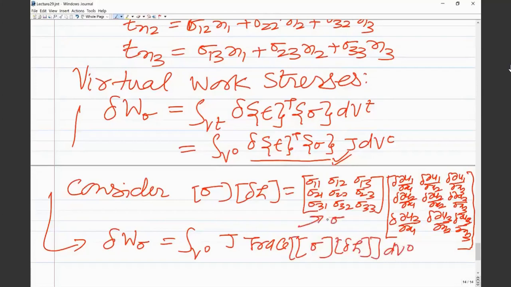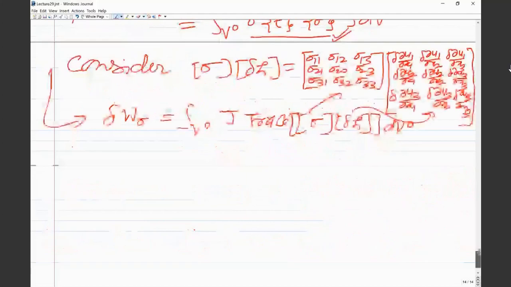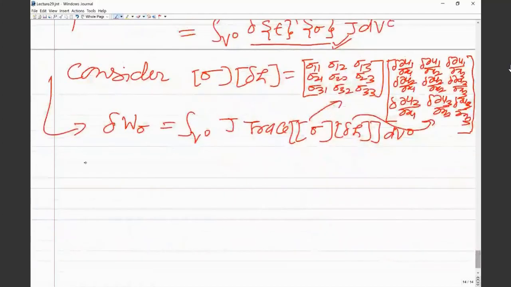So this I am denoting by sigma. Now let me directly put the arrows. So this is sigma and this is your delta H. So we can write it like this. You can actually expand and look at the proof yourself.